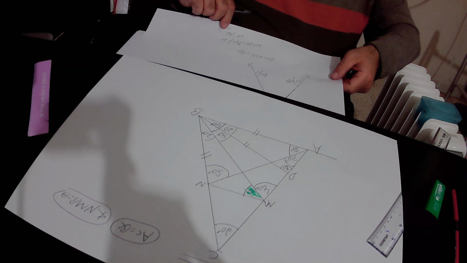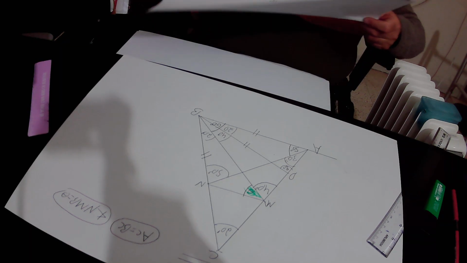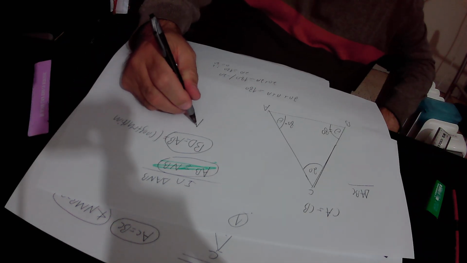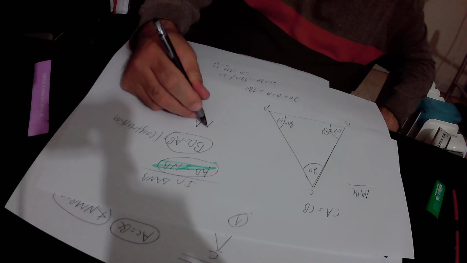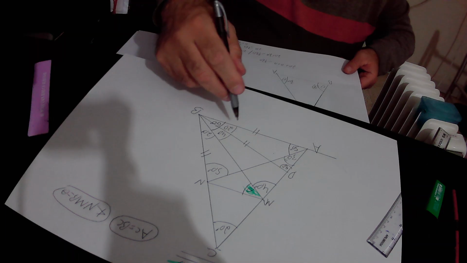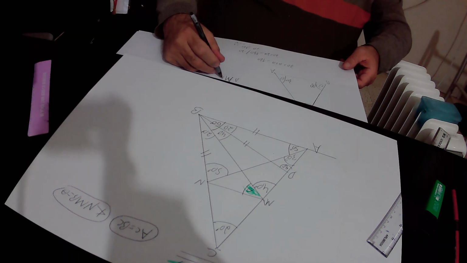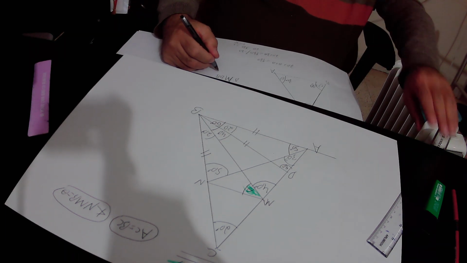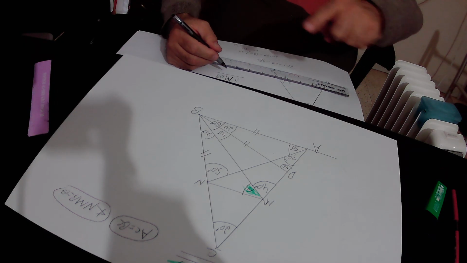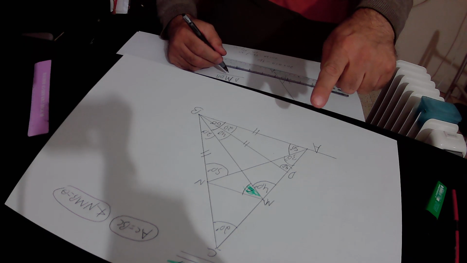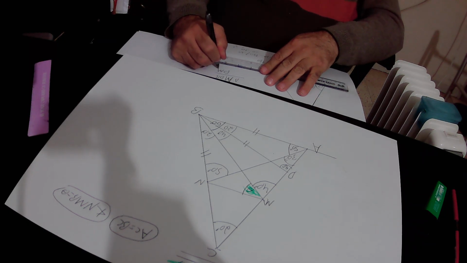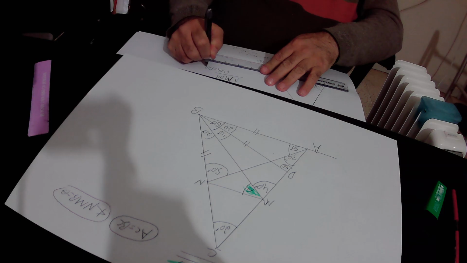So in triangle MDB, that is an associated triangle, DM equals DB.